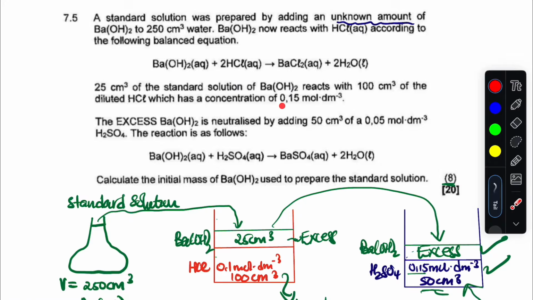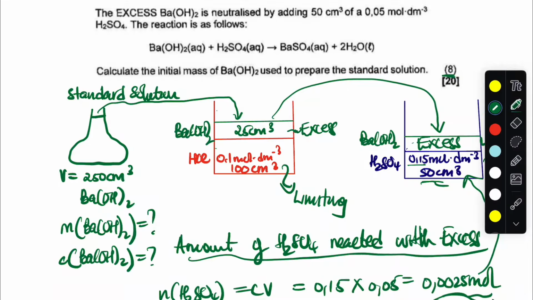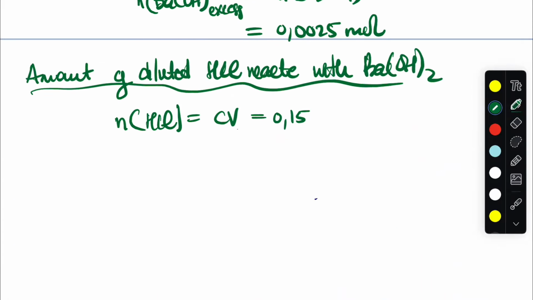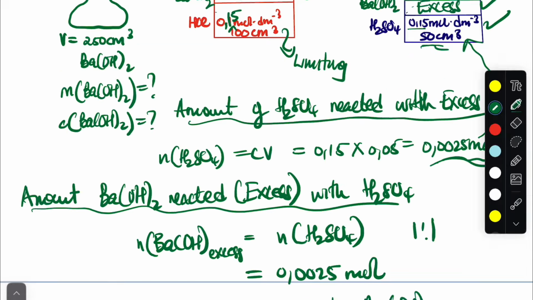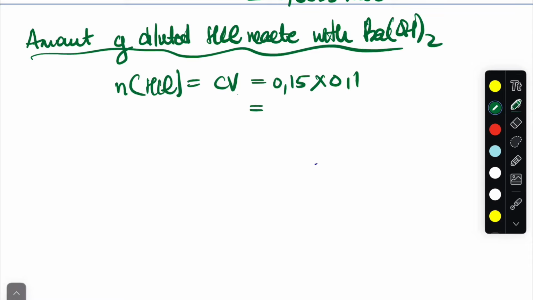The HCl is 0.15. Here it's supposed to be 0.15, guys. So it's going to be 0.15 times 0.1, which is the volume, the 100 when you divide it by 1000. The answer there is going to be 0.015 mole, right?